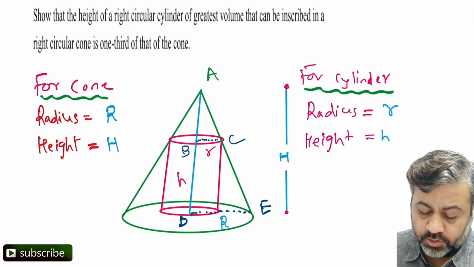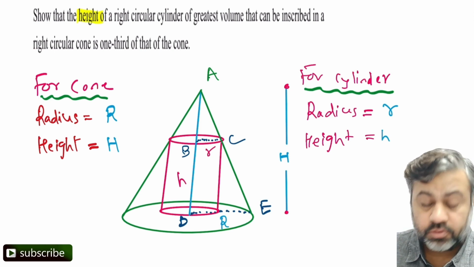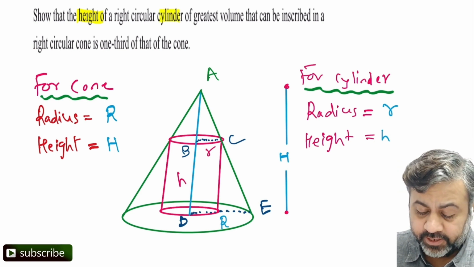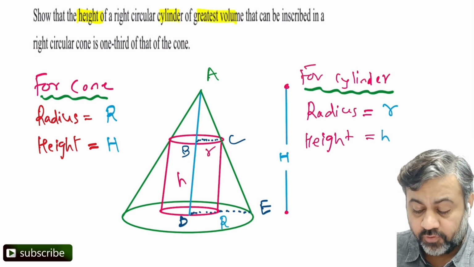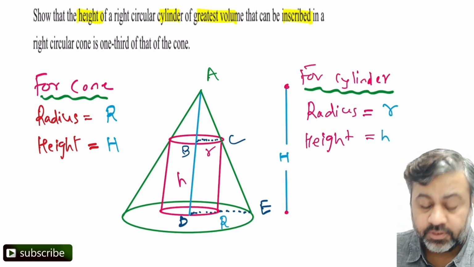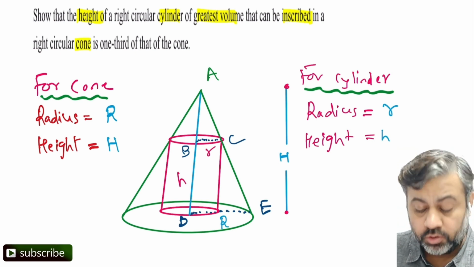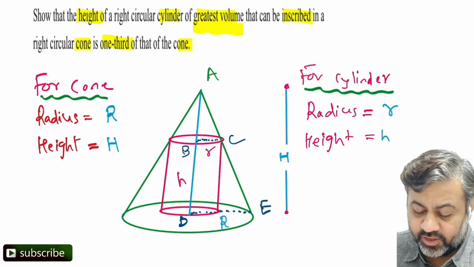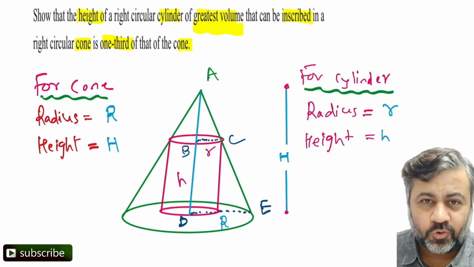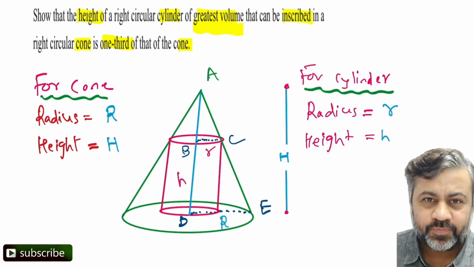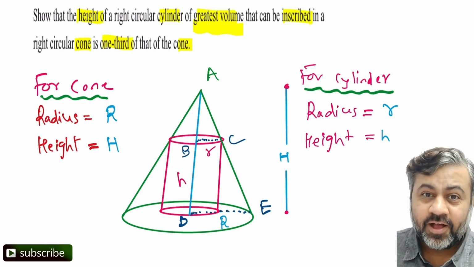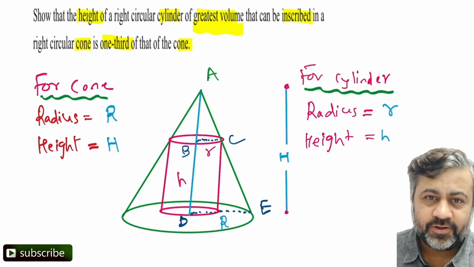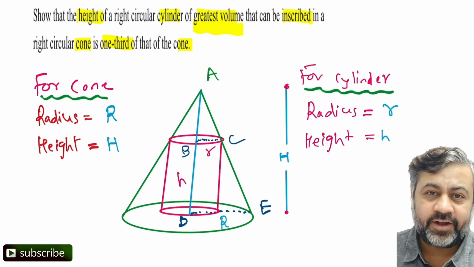We have to prove that the height of the cylinder of greatest volume inscribed in a cone is 1/3 of the cone. So basically what we have to prove is that if there is a cylinder inside the cone of greatest volume, then the height of the cylinder is 1/3 of the height of the cone.